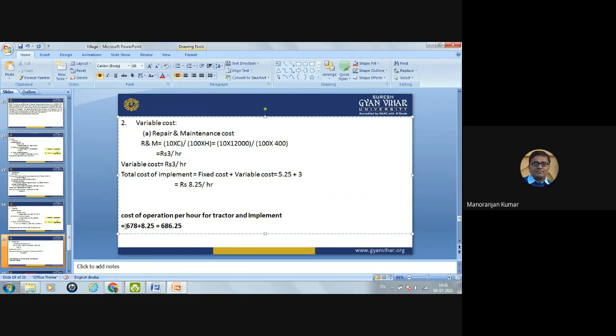For the tractor it is coming 678 rupees, and for the implement it is coming 8.25 rupees. So this is 686.25 rupees per hour. So this is the total cost of operation of tractor and implement. In this way you can calculate the cost of a tractor or the cost of an implement.